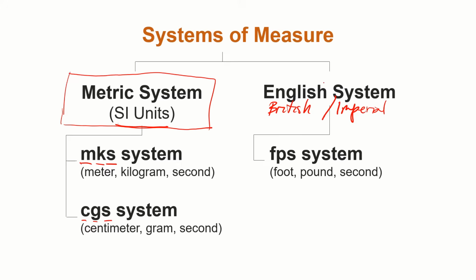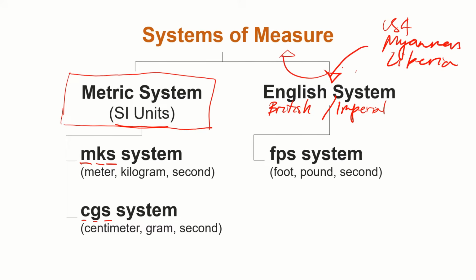So while English system, there are only 3 countries left that make use of English system as their main system of measure. So those countries are the USA, Myanmar, and Liberia. But take note that from time to time, we can use English system.